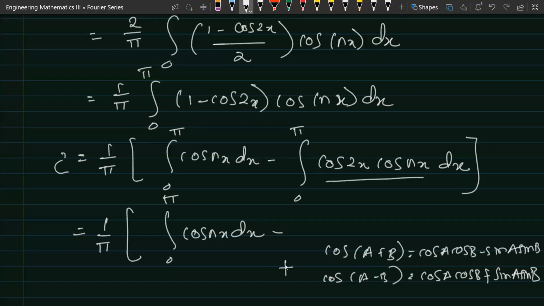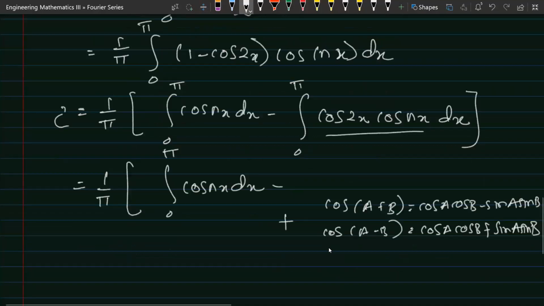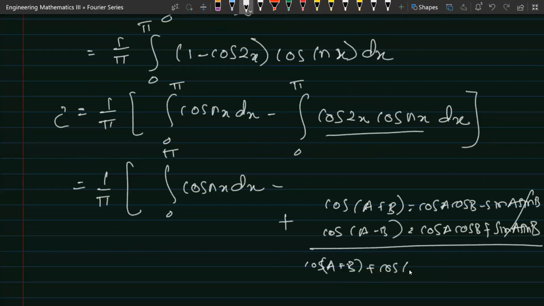So if we add these two, what do I get? Cos of a plus b plus cos of a minus b is equal to 2 times cos a cos b. Am I right? So cos a cos b is equal to 1 by 2 times cos of a plus b plus cos of a minus b. Am I right?